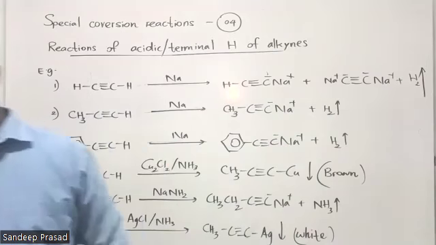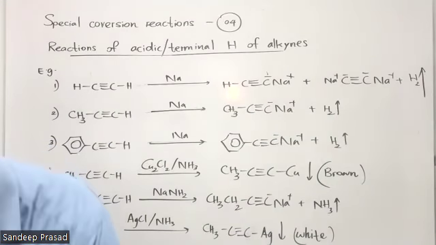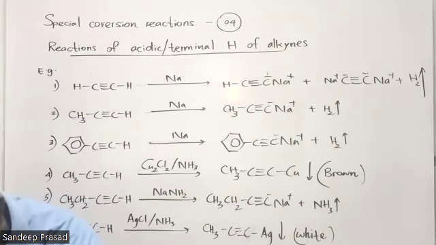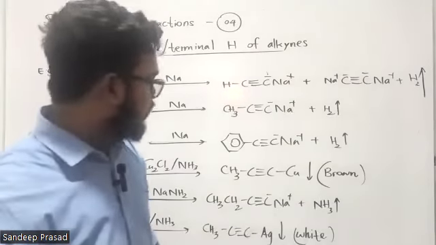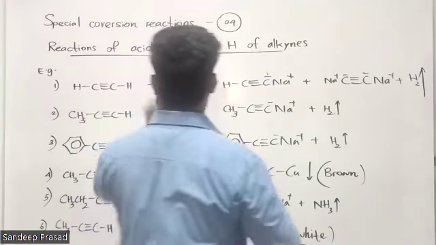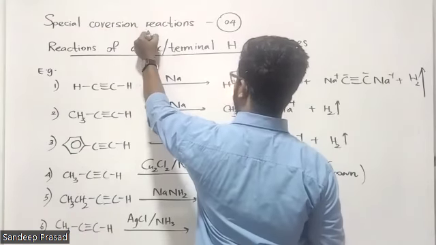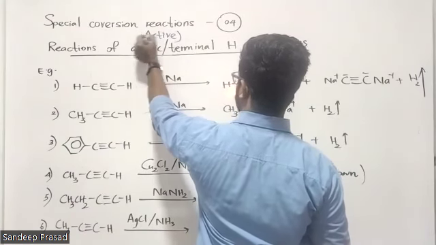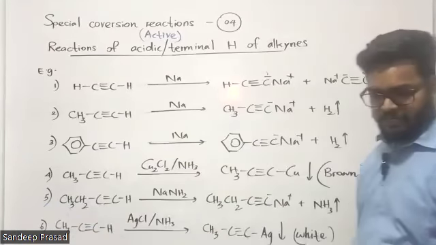Got it? Very easy. Very easy. Quickly write down these examples. Yes, correct. Sometimes we consider this one as active hydrogen also. Yes. Acidic terminal active hydrogen also. Correct. Very good.